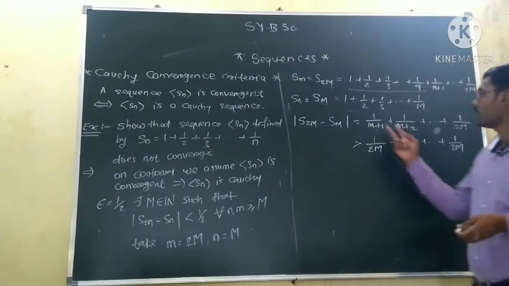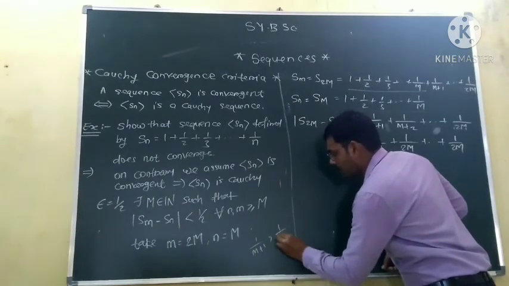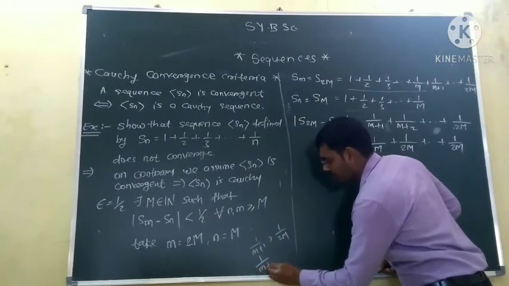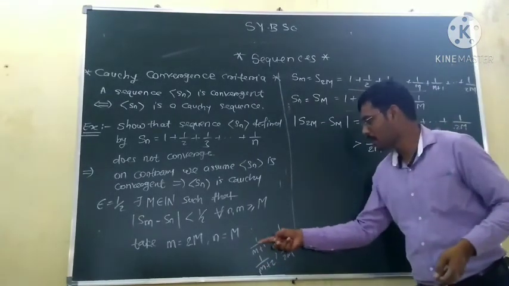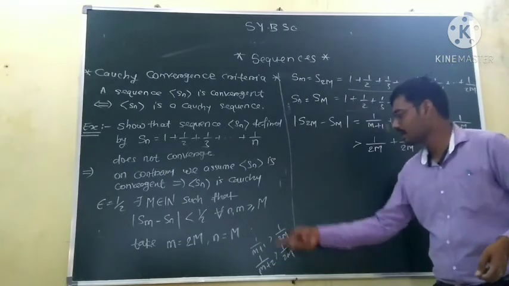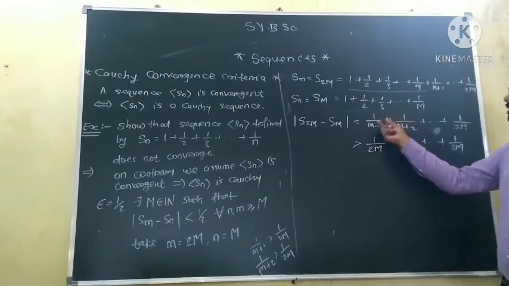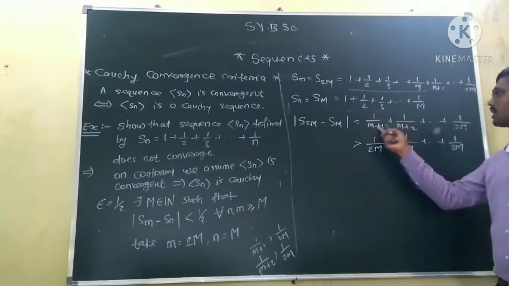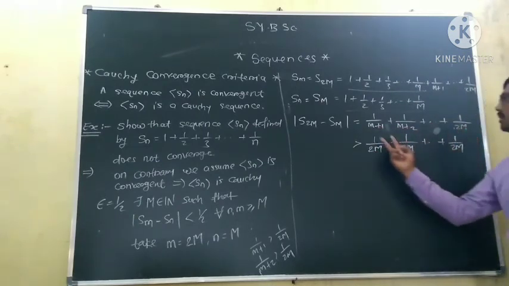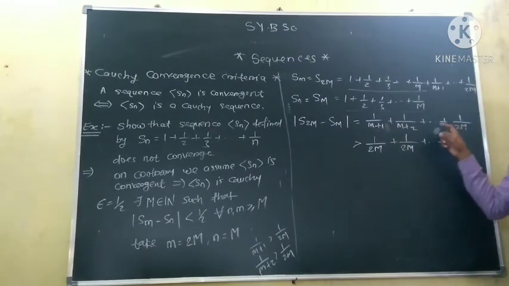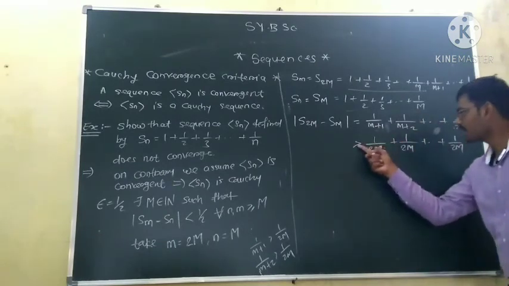What we have done: since 1 upon m plus 1 is greater than 1 upon twice m, and 1 upon m plus 2 is also greater than 1 upon twice m, the sum of 1 upon m plus 1, 1 upon m plus 2 and so on is greater than the sum of 1 by twice m plus 1 by twice m and so on. All the terms are greater than 1 upon twice m, except the last term, where they are equal. So this sum is greater than this sum.